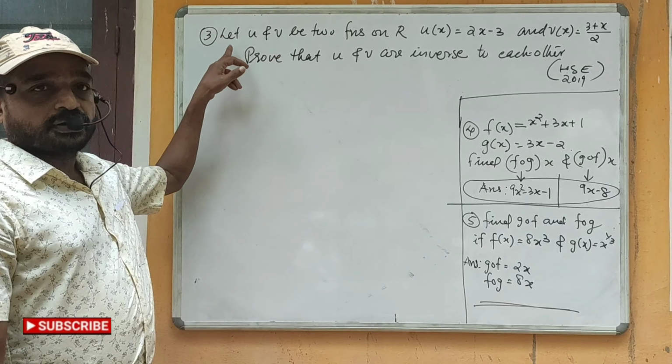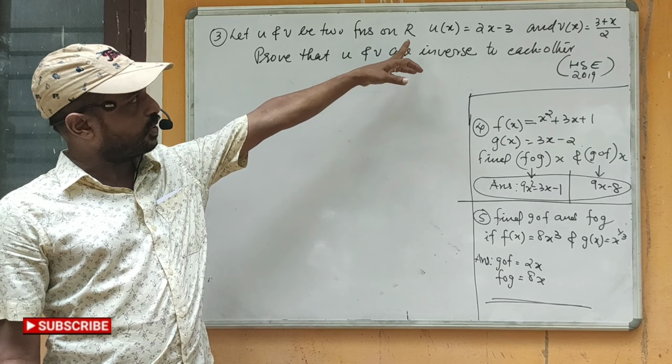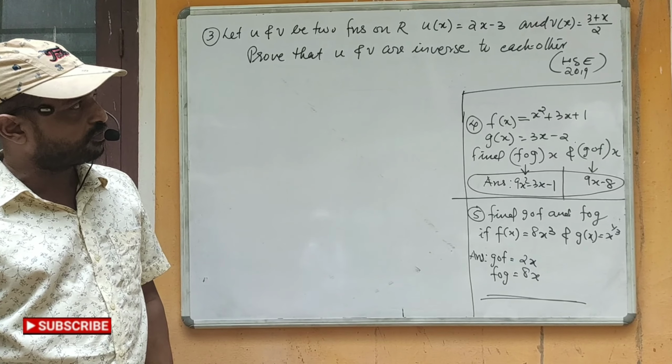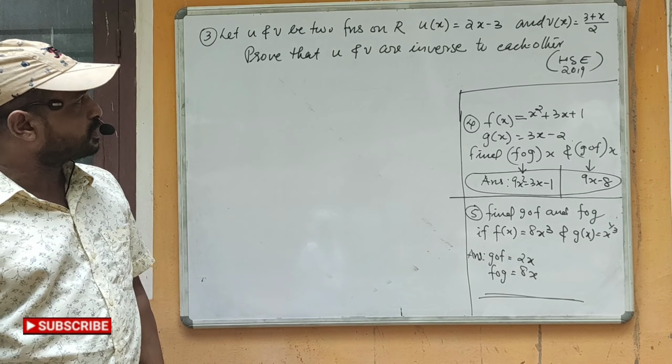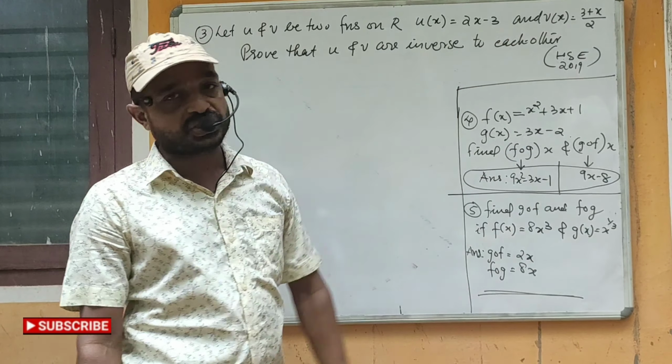Let us consider this problem. Let u and v be two functions on R such that u of x is equal to 2x minus 3 and v of x is equal to 3 plus x by 2. Prove that u and v are inverse to each other.